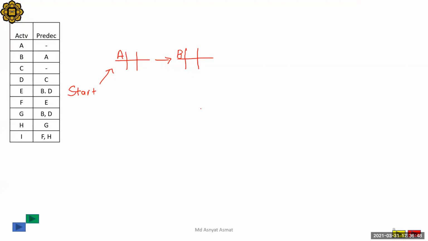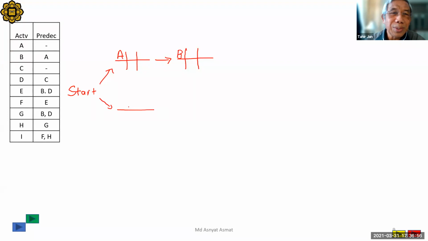C is from start. So we do this way also. Then after C, D. D is after C.